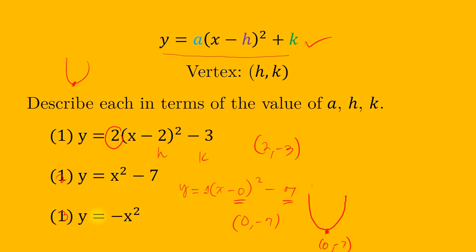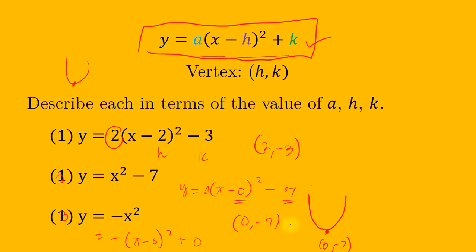Number 3 is just kind of review. We have y equals negative x squared. To view it in standard form, we can write it as negative x minus 0 squared plus 0.